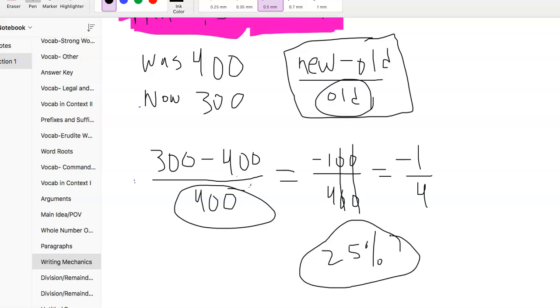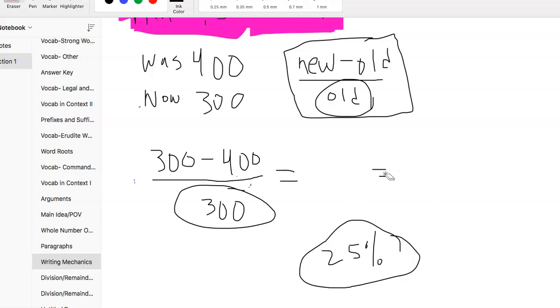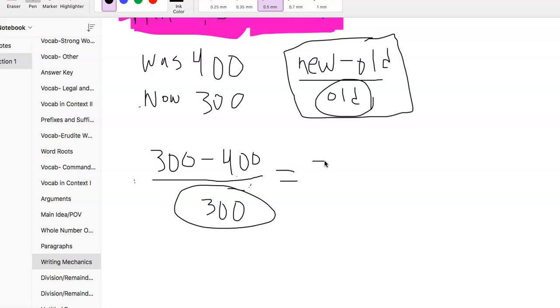So just for the purposes of showing why we need to spend the time to memorize that little formula, if instead of new minus old divided by old, you had done new minus old divided by new, so you'd gone 300 minus 400 over 300, then we would have ended up with still negative 100 in the numerator on the top.